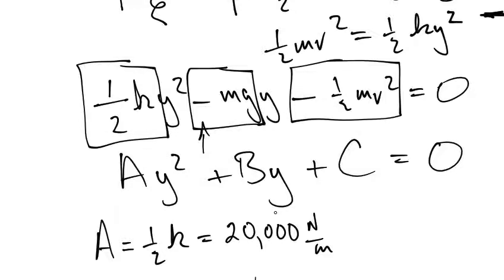Well, what we can do now is, if you have a calculator that can solve a quadratic, if you don't, you can solve a quadratic simply by using the quadratic equation, which is negative b plus or minus the square root of, divided by 2a.